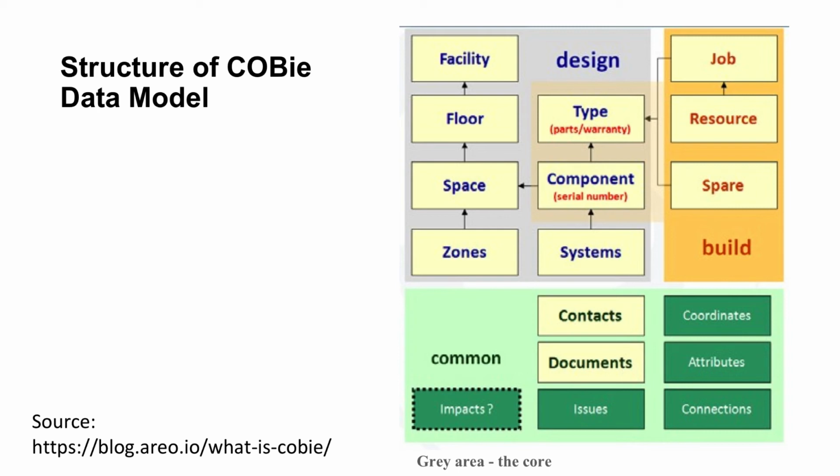This figure shows the structure of COBie data model. The key items are components and spaces. The component in COBie is for equipment that needs maintenance and operation, and the space is for rooms that need management.